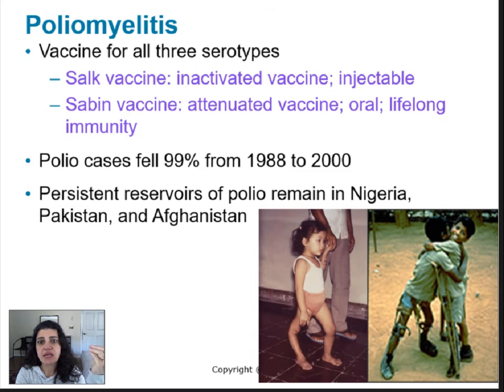The thing is, there was a mutation that was somehow allowed to happen after the vaccine was given in the digestive tract of some patients with one specific strain of the Sabin vaccine. And that mutation reversed the virus to a pathogenic form.